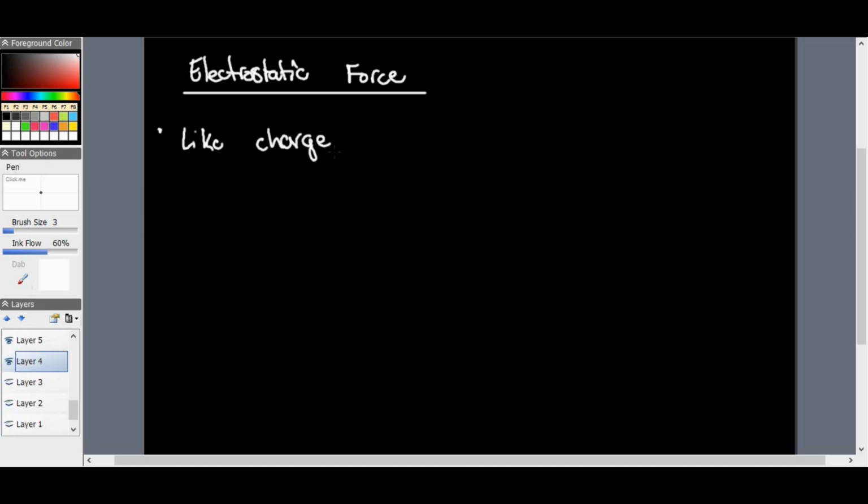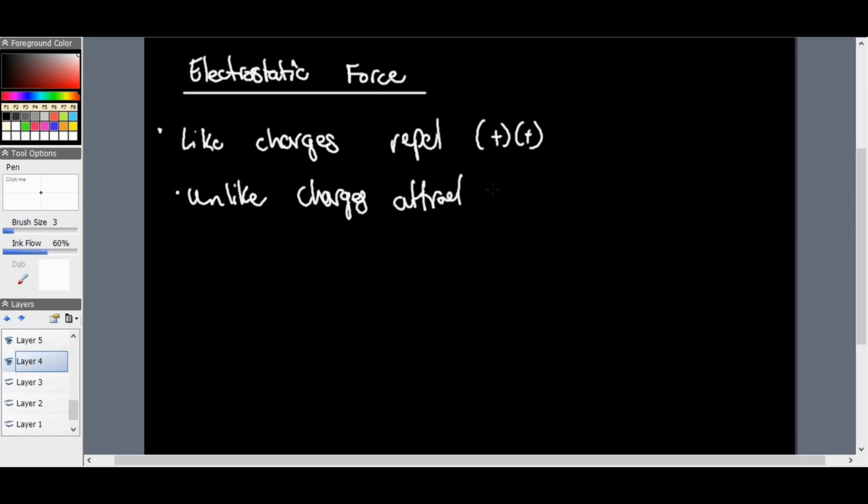Like charges repel each other, so in other words, positive to positive. And unlike charges attract, so a negative and a positive force. Now electrical charges can either be positive or negative.